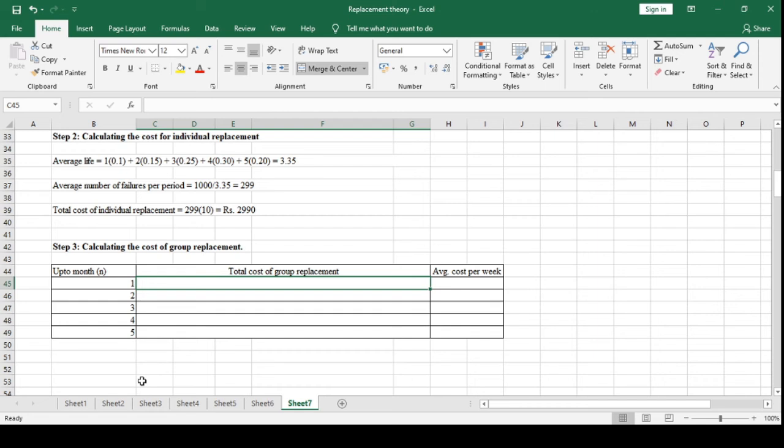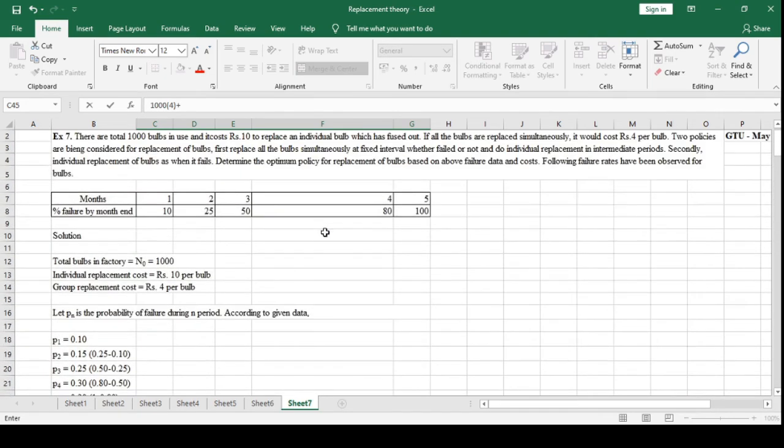The cost of group replacement is 1000 multiplied by 4, that is 1000 bulbs, and the cost of replacing each bulb is rupees 4. So the total cost of group replacement is given to you.